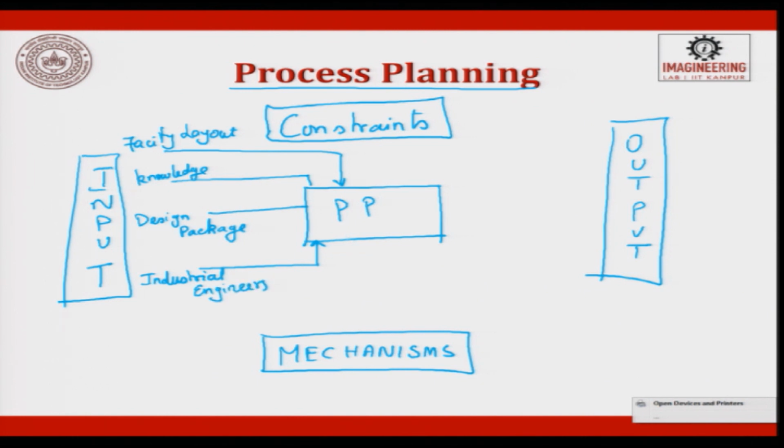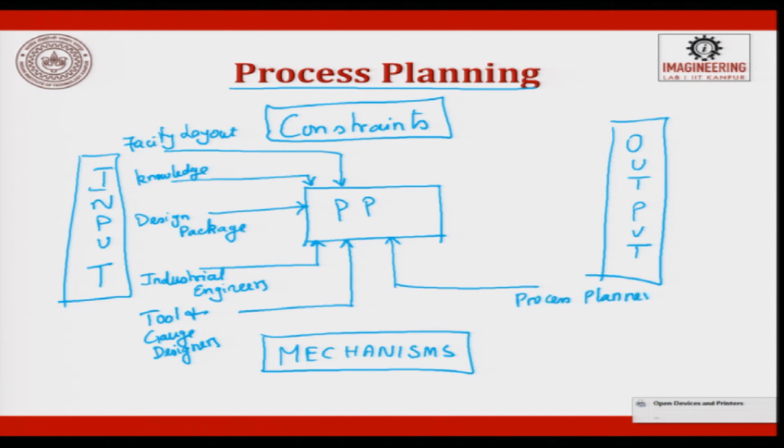And then he should also get the input from the tool and gauge designer. Tool is for machining, gauge is for verifying and validating the machined part. So, he gets the input from all of them, and then he is a process planner.